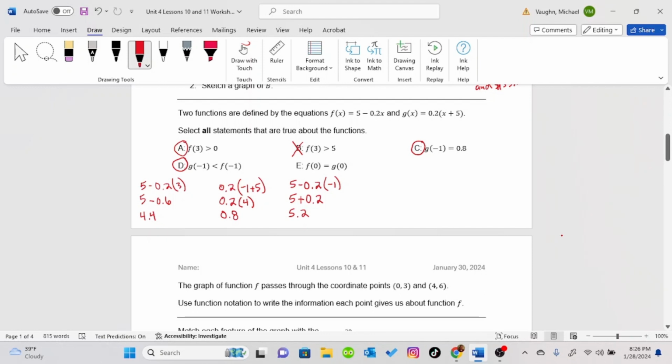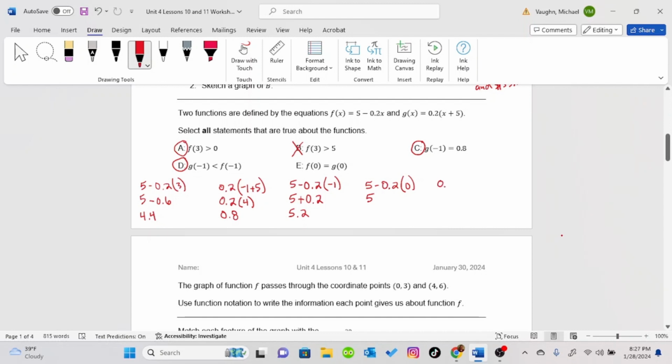And finally, E says f of 0 equals g of 0. So we need to substitute 0 in for x in both functions and compare the results. 5 minus 0.2 times 0. Anything times 0 is 0, so that answer is 5.